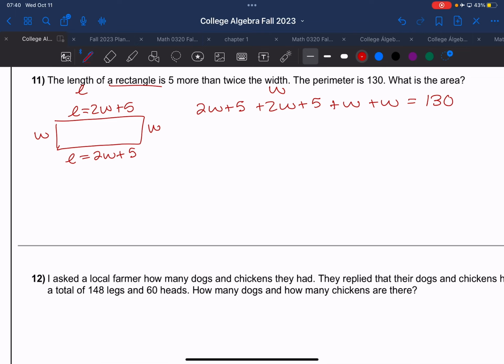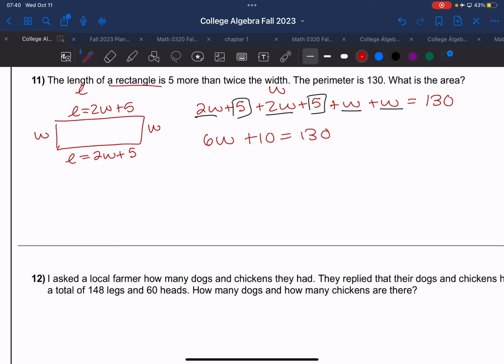So what are we going to do first? Combine like terms. We have a 2W, a 2W, a W, and a W. How much is that total? 6W. And then we have a 5 and a 5, which is 10, equal to 130.